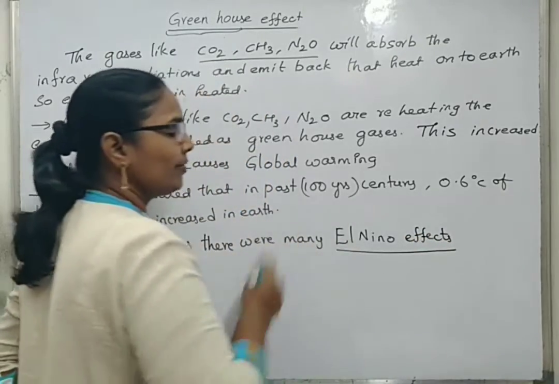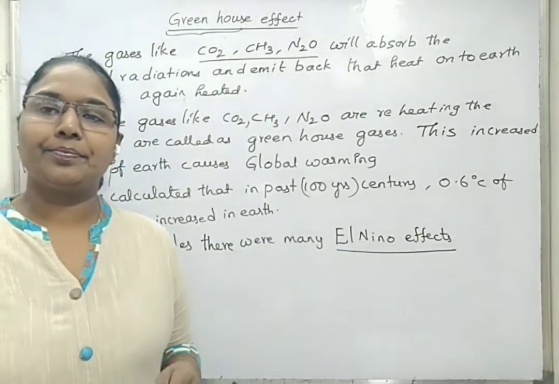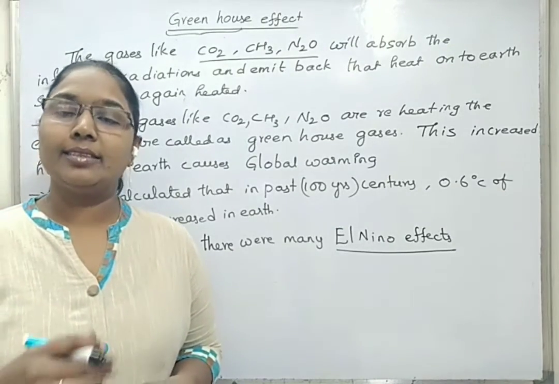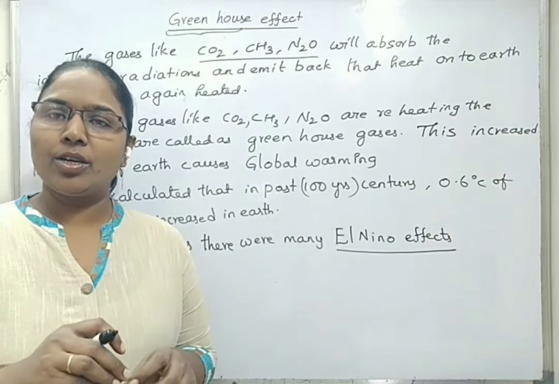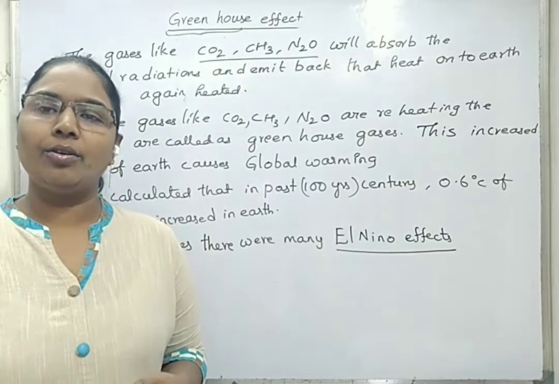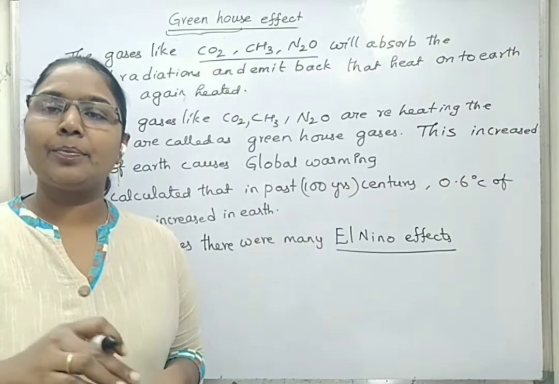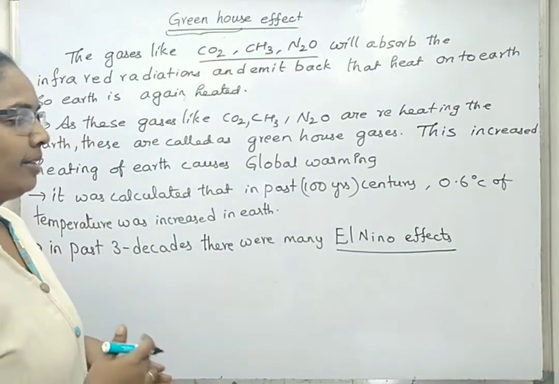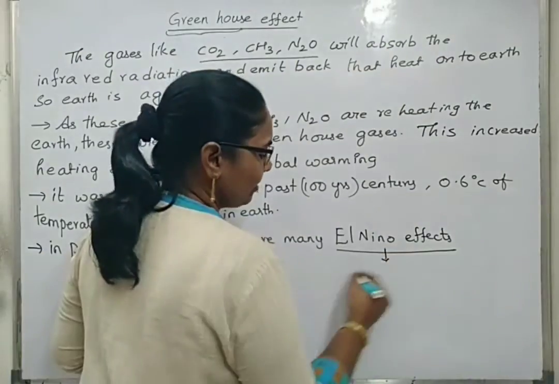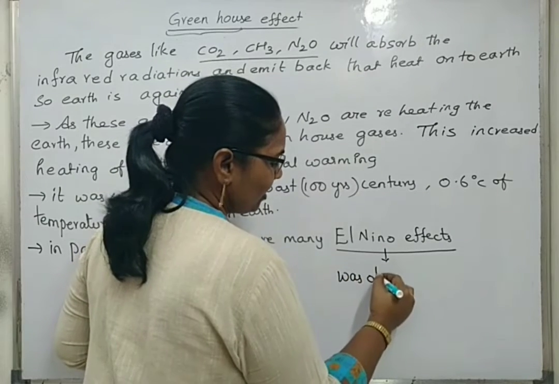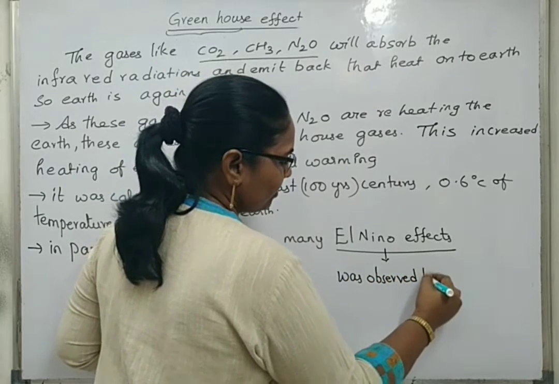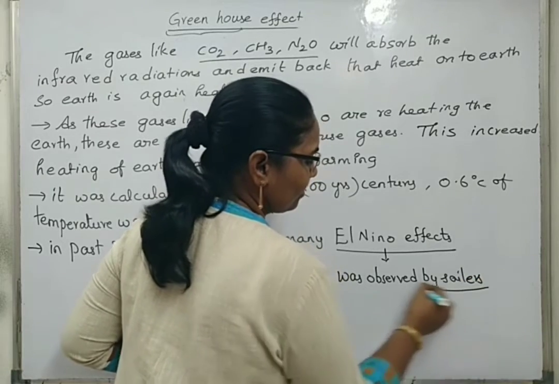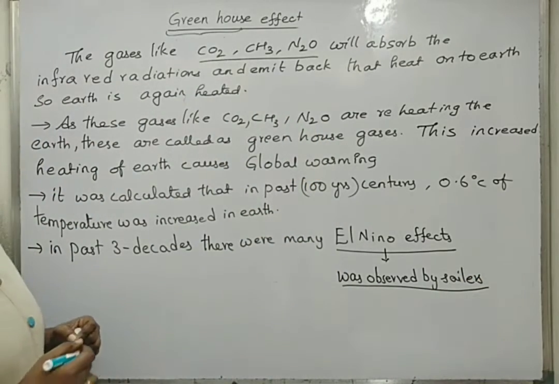What is this El Nino effect? Some of the sailors observed that there was some increasing or changing or weakening of the currents that are present on the surface of the Pacific Ocean. So the El Nino effect was observed by sailors. What is this El Nino effect?